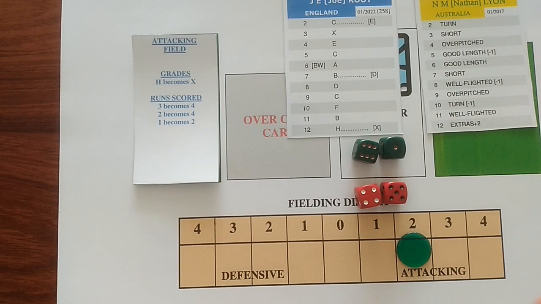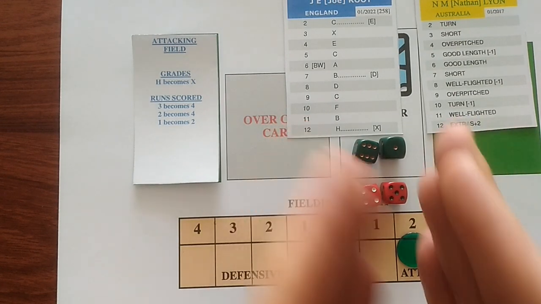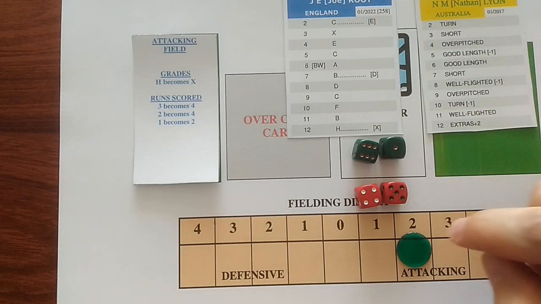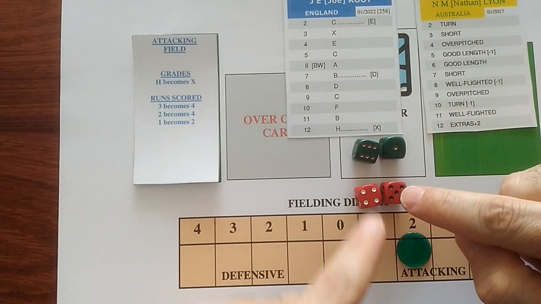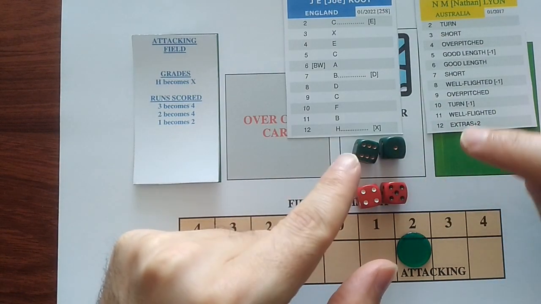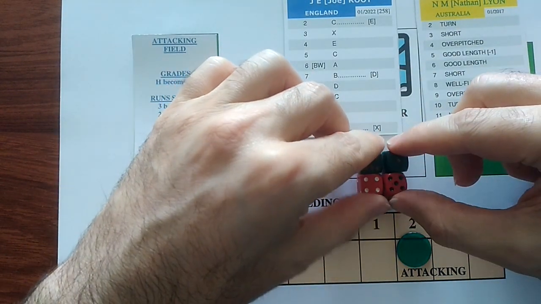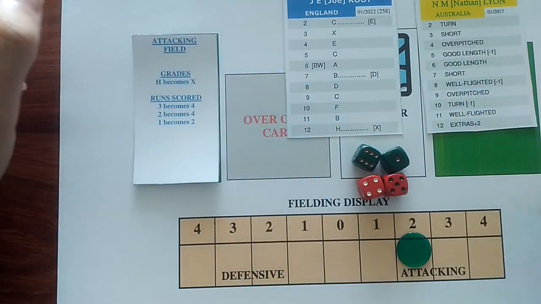So let's focus in on the bowler's dice and the batter's dice. And the simple rule is 2 of these dice out of the 4 dice need to be the same, and they need to be 2 or under. So 2 or 1, and then this card will come into play.